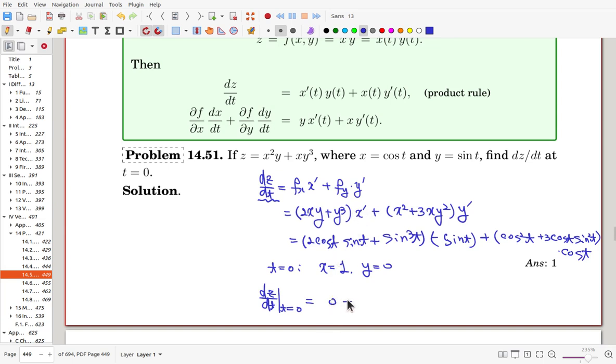So that's 0 plus, and x is 1, that is 0, so the 1, and y prime is cosine t, cosine 0, which is 1, so the final answer is 1. You can use this one or that one, but if you are asked to find dz over dt, then that one is the solution, final answer.